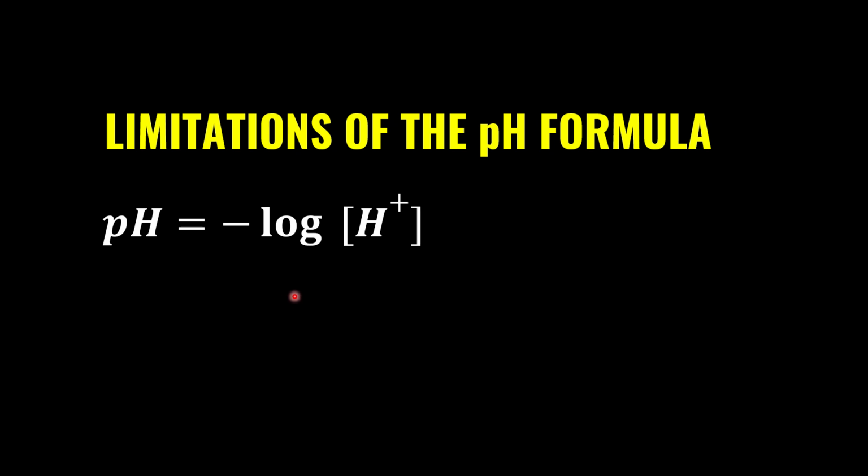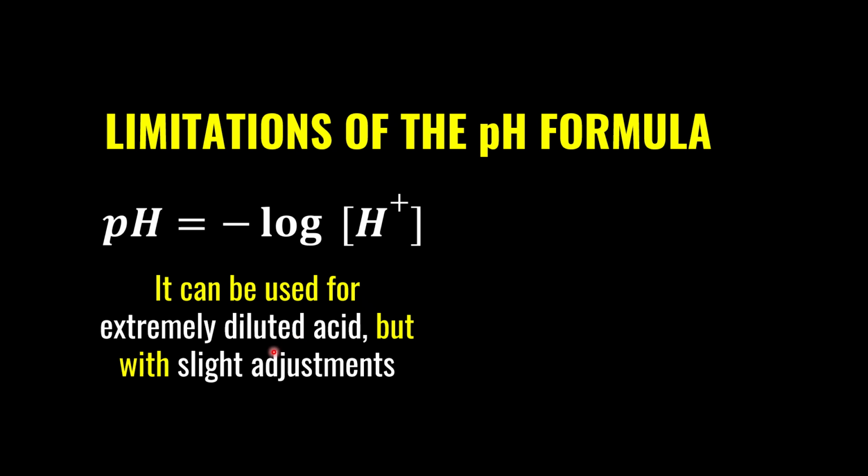The question is, can this be used for the measurement of extremely dilute solutions? The answer is yes, it can be used, but you have to introduce slight adjustments and modifications. What is the need for these modifications, why do you need to do them, and how will you do it? We will discuss these in a step-by-step manner in the coming slides.